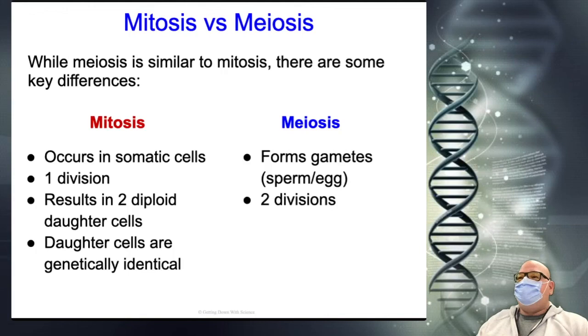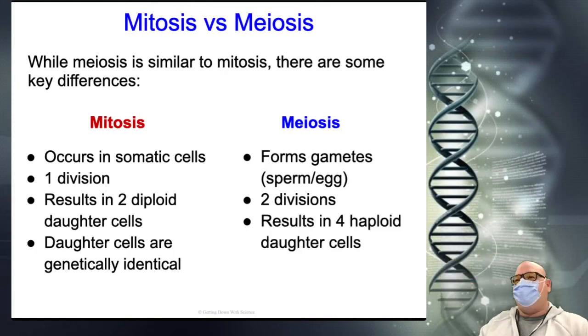These cells divide in half 2 times, okay? So we're going to double it up, divide it, and we're going to go to half the amount, okay? So we get 4 cells that are haploid. So anytime you have sperm cells, they're sort of made in groups of 4. They're made in groups of 4. Egg cells are the same way. In humans, we only use one of them normally.